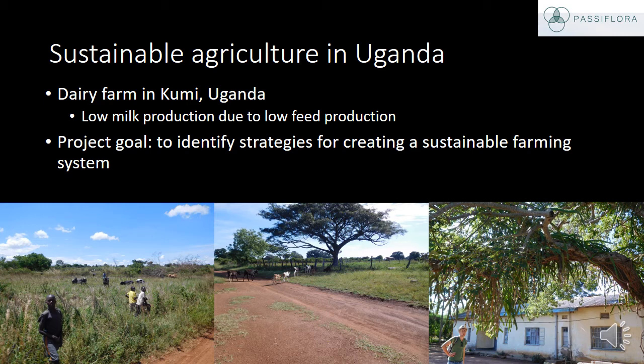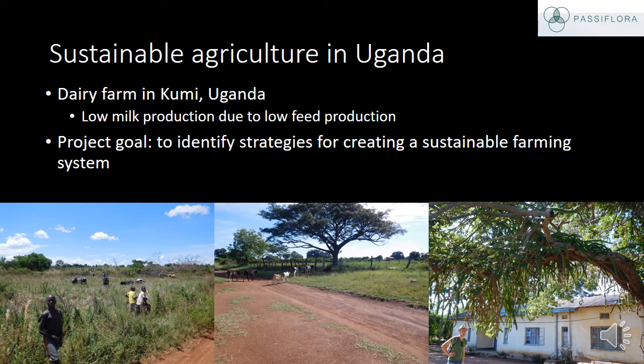In this example, we focused on a dairy farm in Kumi, somewhere in the northeast of Uganda, where there was very low milk production. They had quite a lot of cows, but they didn't produce much milk. The original hypothesis was that this was due to low feed production.